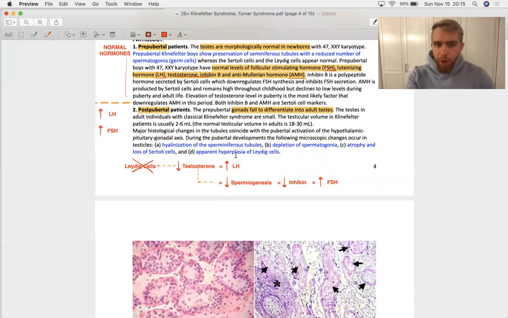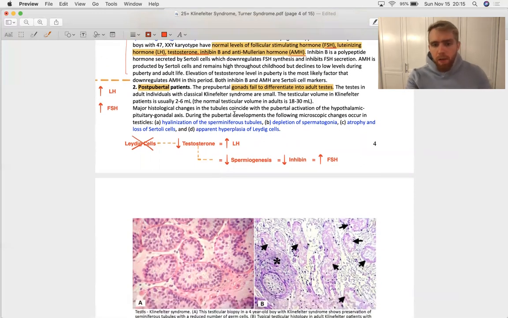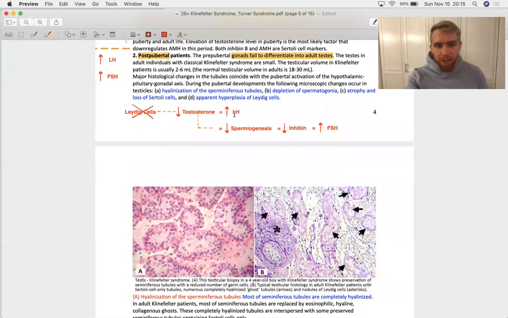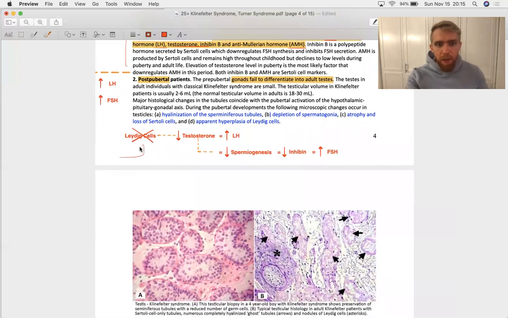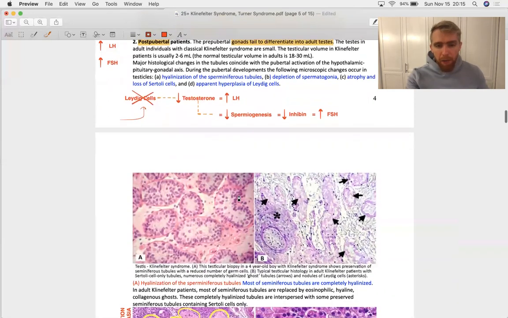But then during puberty, due to this androgen insensitivity caused by the non-random X inactivation, gonads fail to differentiate into adult testes. And the key hallmark is a loss of functionality of Leydig cells. They don't go away microscopically.